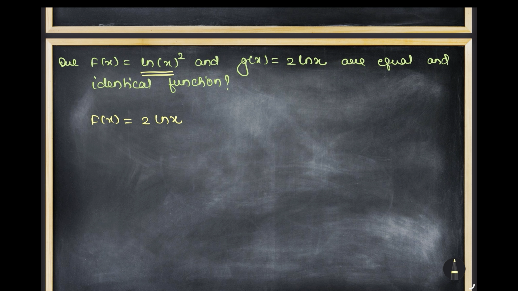If you look here, the domain is what? Minus infinity to plus infinity, except x equals to 0. Here X can be everything or anything except 0. But here if you observe, the domain is 0 to infinity, both open. Okay, so the domain is missing.